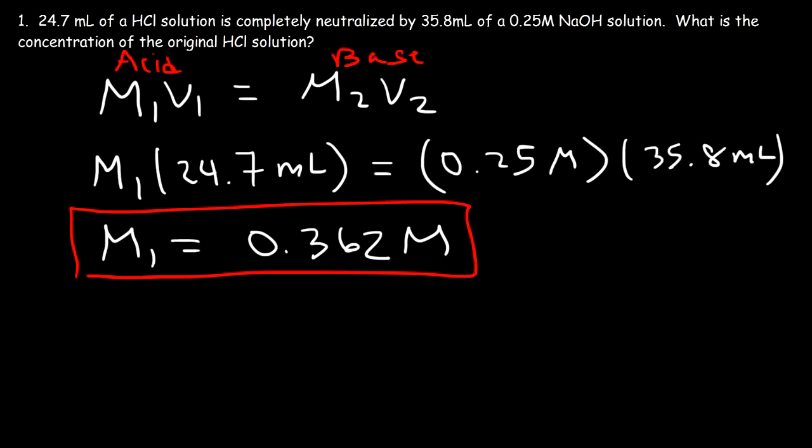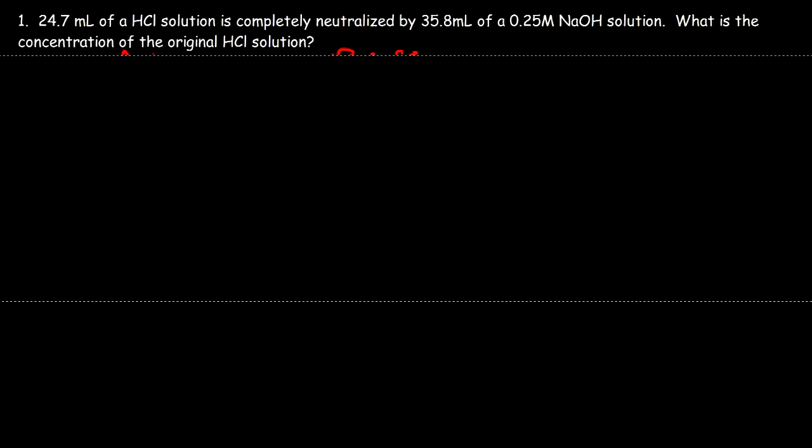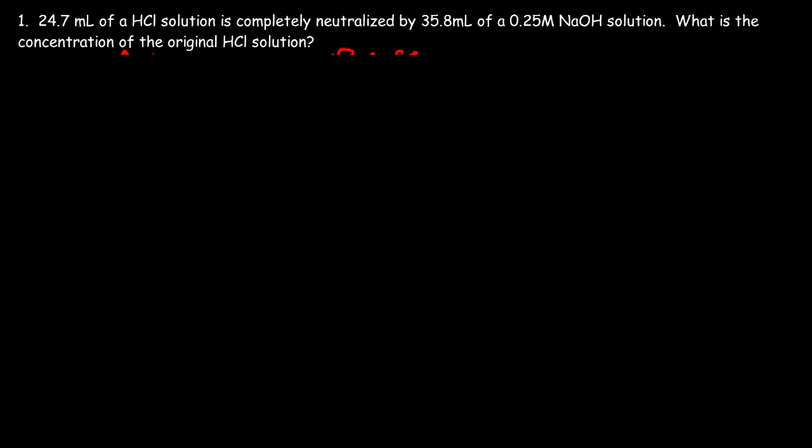Now let's talk about the other method that we can use to get the same answer. This is probably the simplest method to use, just using this formula, if you have a monoprotic acid and base. Now to use the other method, you need to write a balanced chemical equation. So HCl reacts with sodium hydroxide, and this is a double replacement reaction.